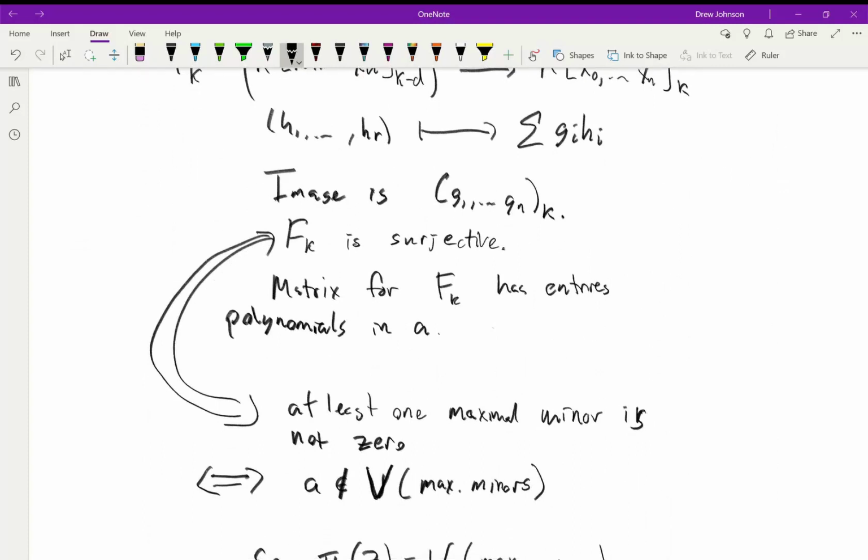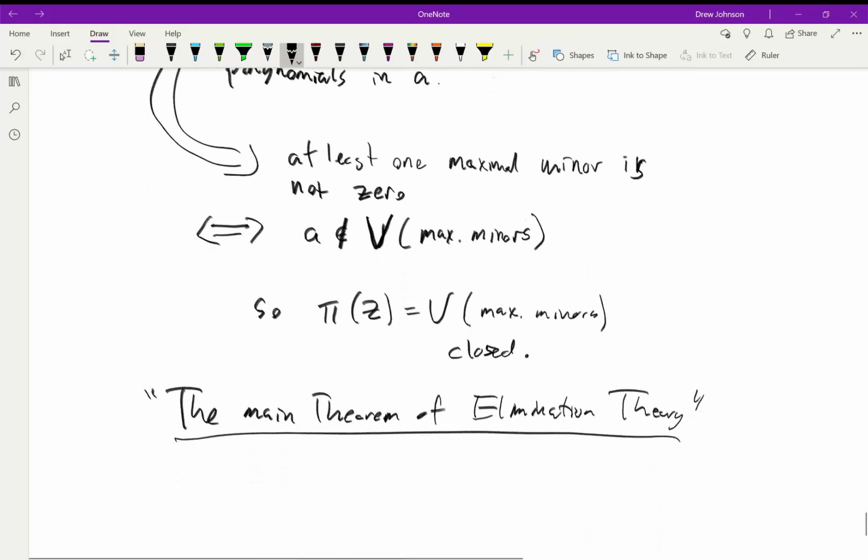So we started with equations in x and y, we've eliminated the x's, and now only have equations in y. And this theorem is saying that this is always possible for homogeneous systems of polynomials. So that's kind of nice that way.